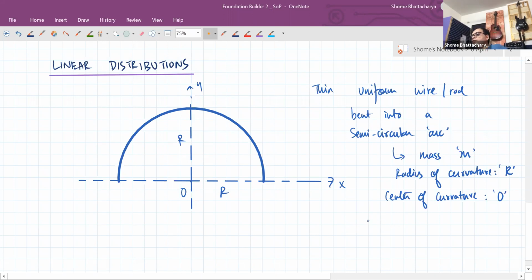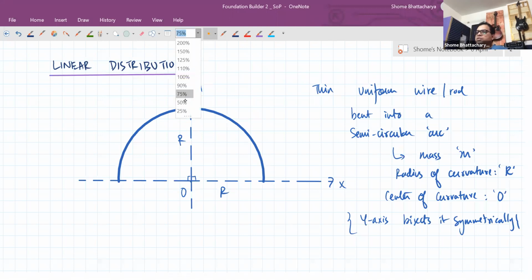So you can see that the y-axis bisects it symmetrically. The total 180-degree angle is bisected by the y-axis over here, so the y-axis is an axis of symmetry.